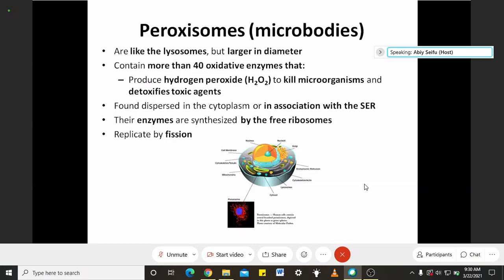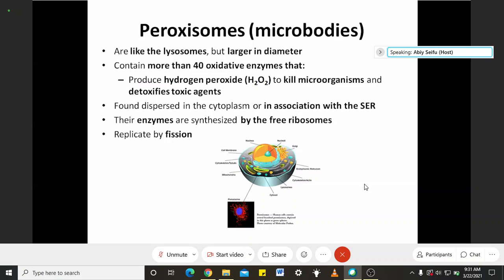And the enzymes we have in these peroxisomes are synthesized by free ribosomes. I'm going to mention to you that we have 2 types of ribosomes. Because of their location, they are specialized in production of different types of proteins. Those which are attached to the rough endoplasmic reticulum specialize in proteins to be released outside or also produce lysosomes.